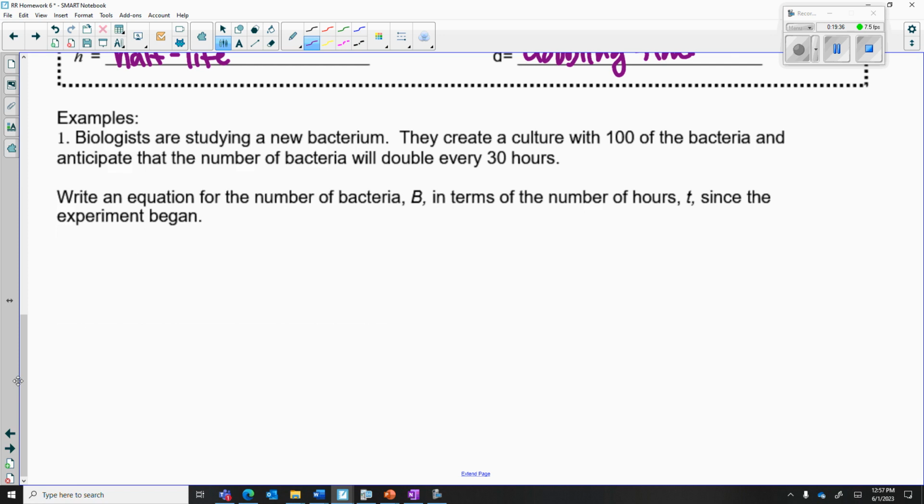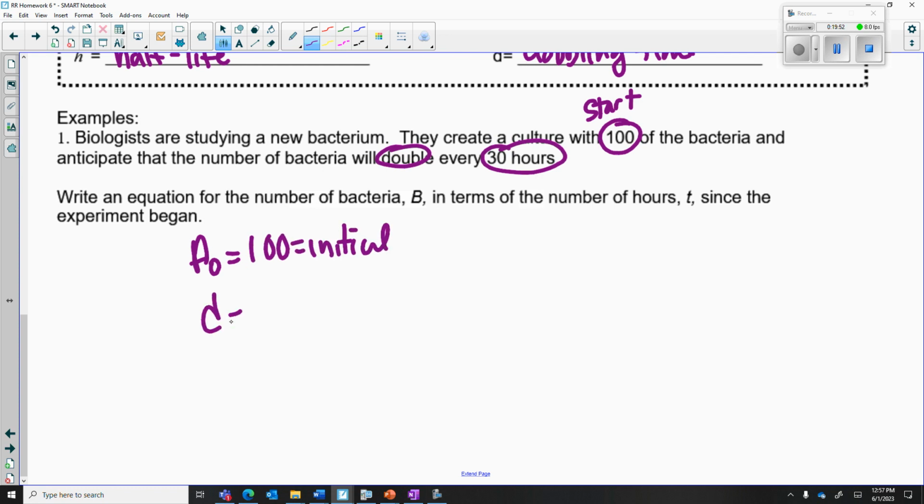So let's take a quick look at this question. It says that we start with 100 bacteria. That's the starting amount. And it says it's going to double every 30 hours. That's the doubling time. So right away I know a sub 0 is the initial amount, and I know the doubling time d is 30 hours.